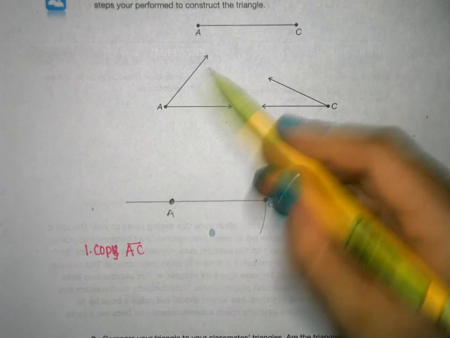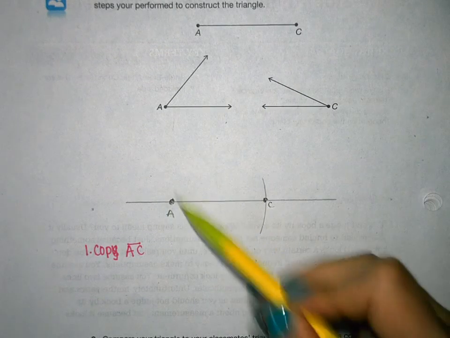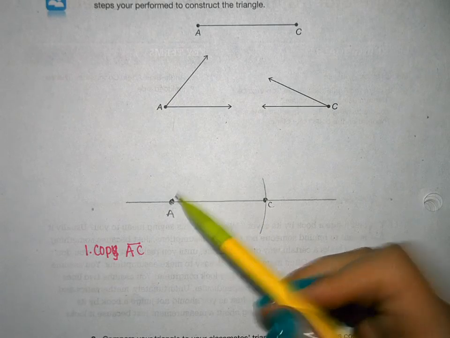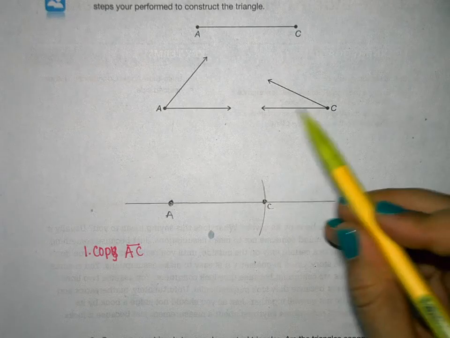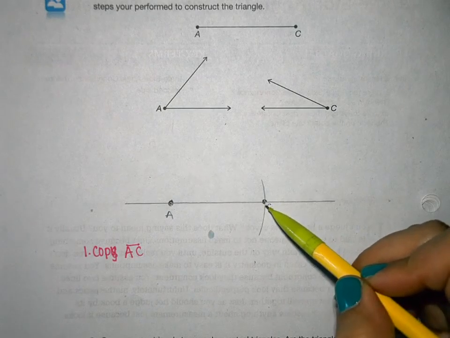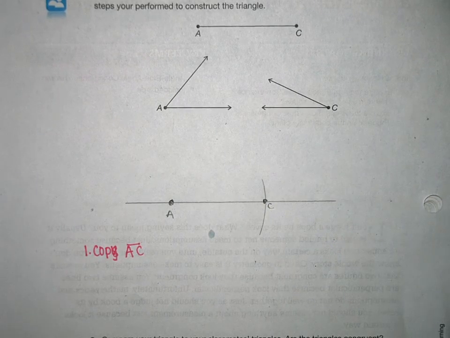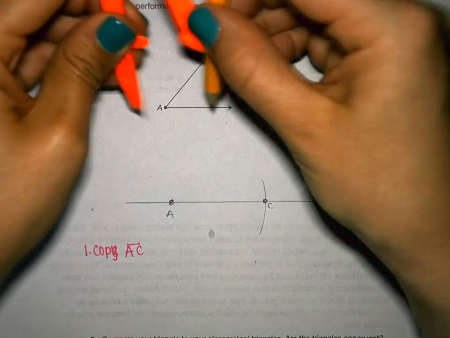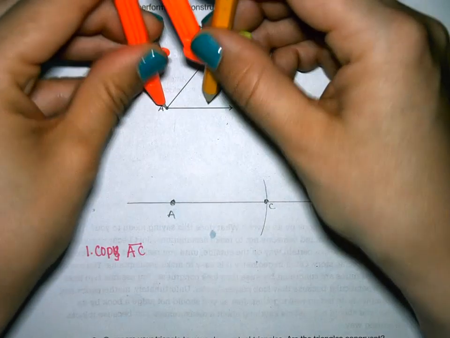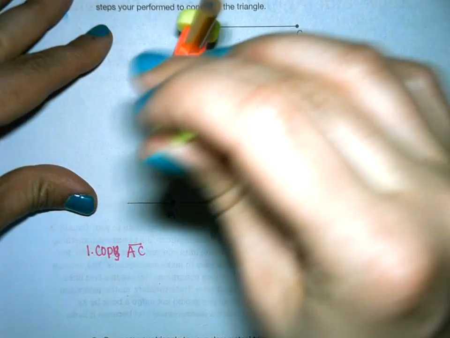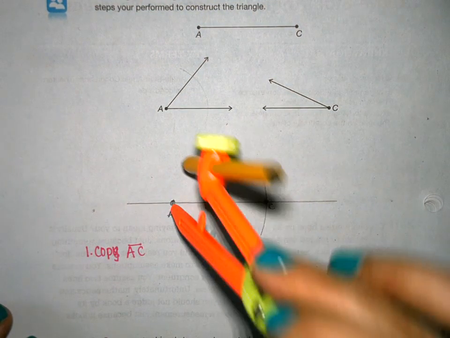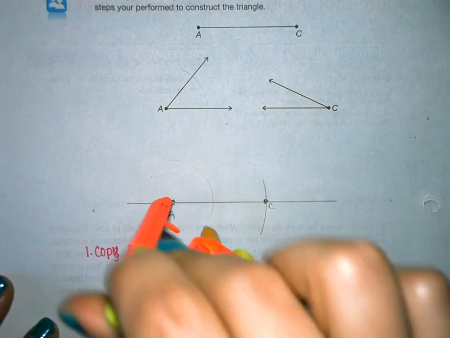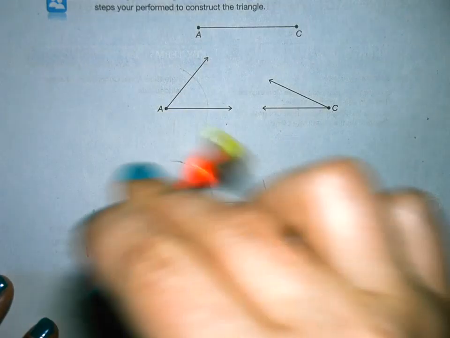Now, angle A has to be using this point A, so I'm going to need to copy that angle. And angle C is going to need to be using point C as the endpoint, so I'm going to copy that angle. So to copy both of my angles, I'm going to draw an arc that goes through angle A. I'm going to copy that arc using A as an endpoint.